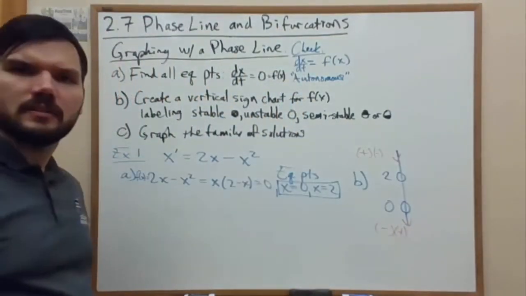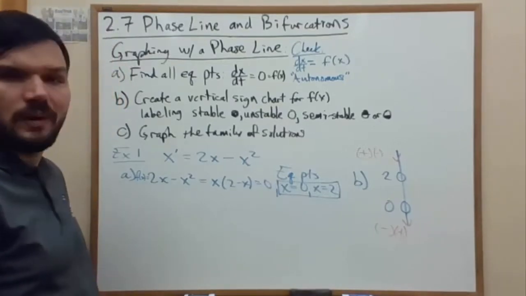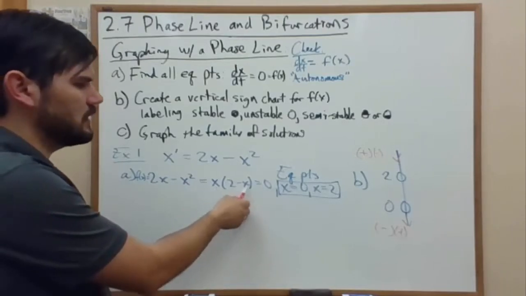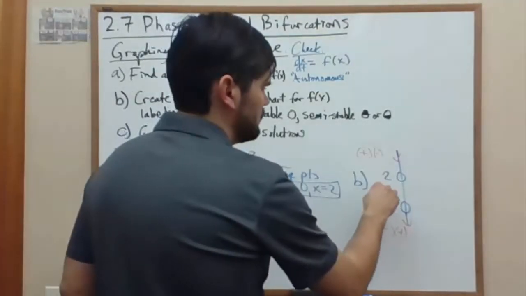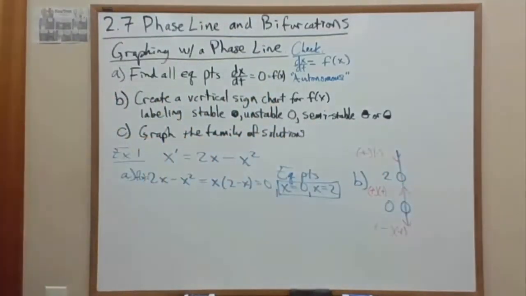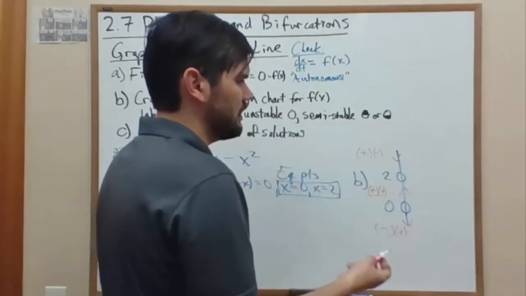And in between, let's pick a number which is easy to plug in between 0 and 2. How about 1? So 1 positive times 2 minus 1 positive. So now we've completed the sign chart and we use the information to fill in the dots.